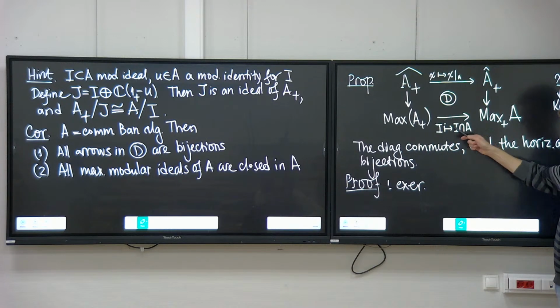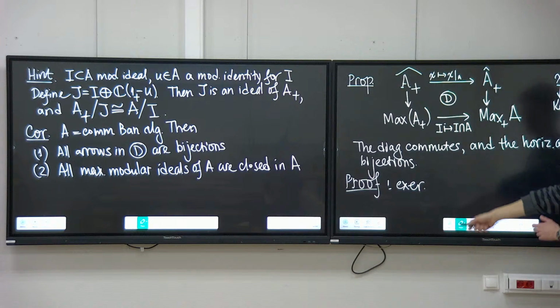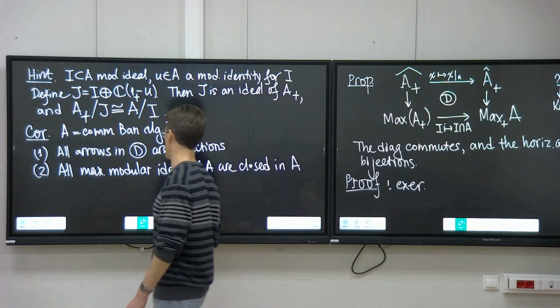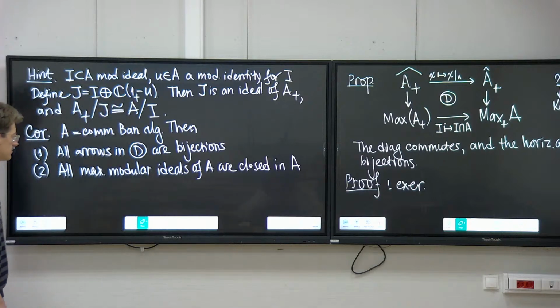And of course, if I is closed in A plus, then the intersection of I and A is closed in A, in the induced topology. So since this is a bijection, we deduce that all maximal modular ideals of A are closed.